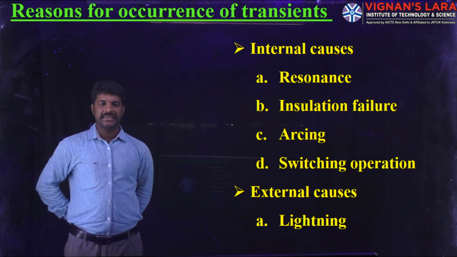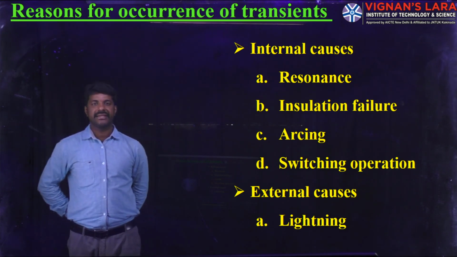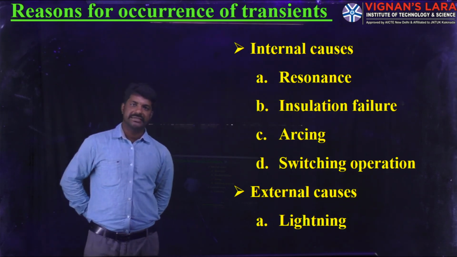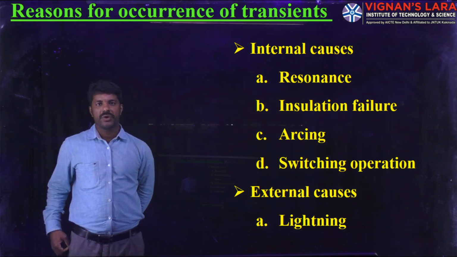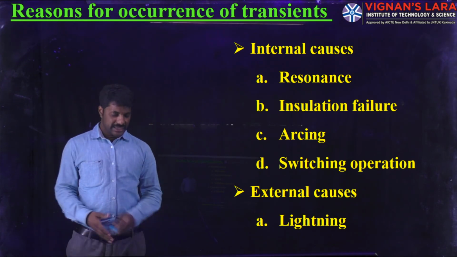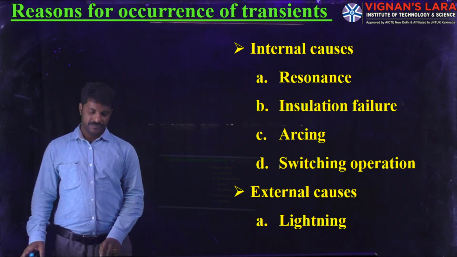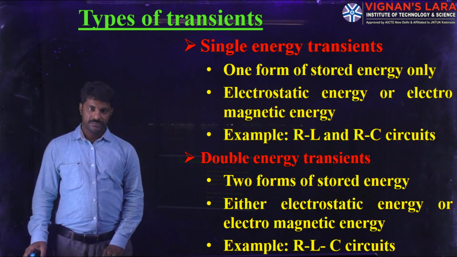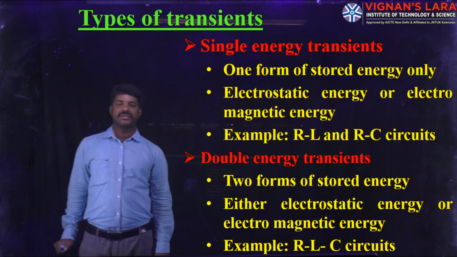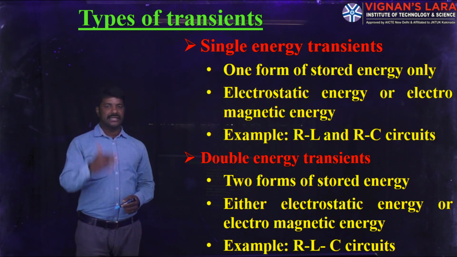And the only cause for the external is lightning strokes. Whenever the atmospheric conditions are not good, that is under rainy seasons, we may expect lightning strokes which will affect the transmission line in terms of its magnitudes and waveform shapes. So far we have seen the causes for occurrence of transients, internal causes and external causes.